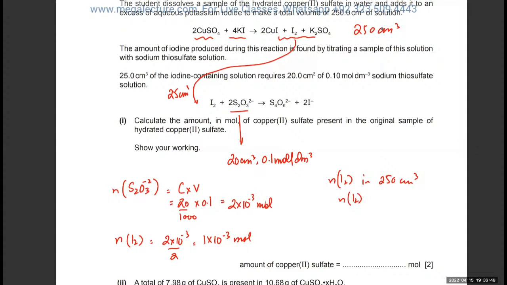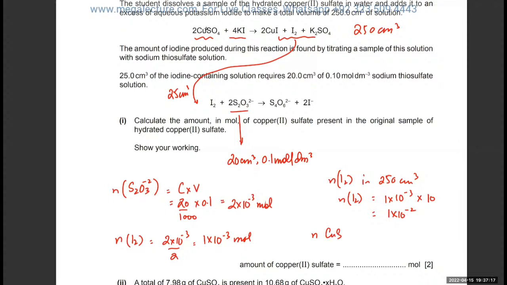So you're going to write moles of iodine, and it would be 1 times 10 to the minus 3 moles multiplied by 10. Remember, you found the moles in 25 cm³. So the original 250 cm³ sample is going to have 10 times more moles. So the answer comes out to be 0.01. Okay. And then using those moles of iodine, double that, you'll find the moles of copper sulfate.